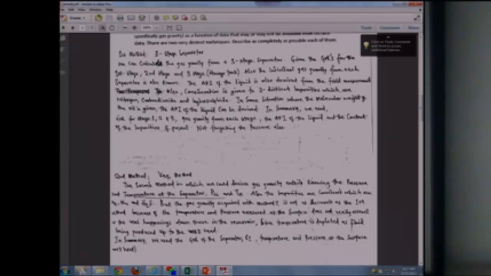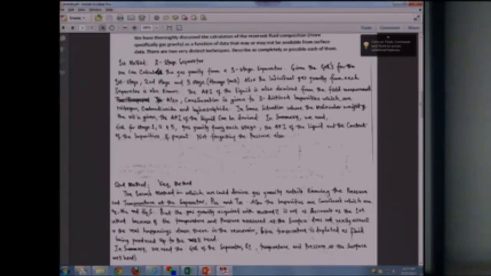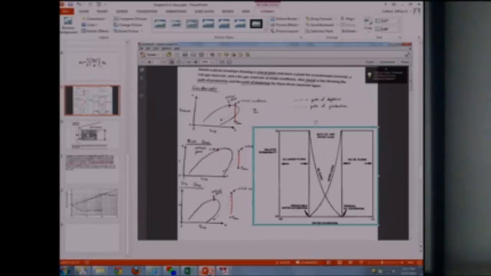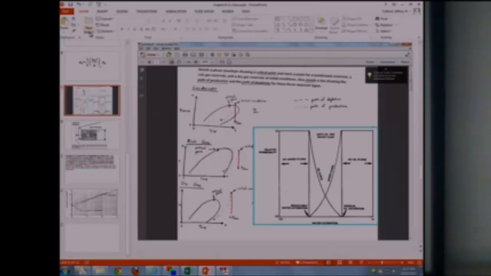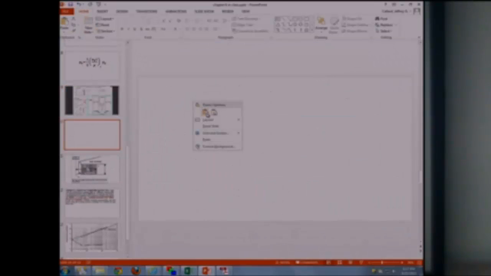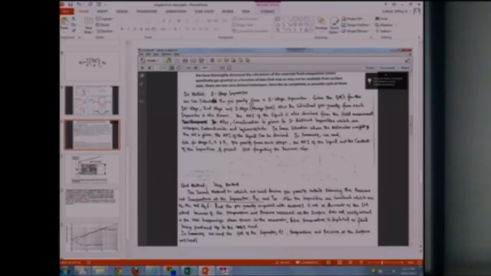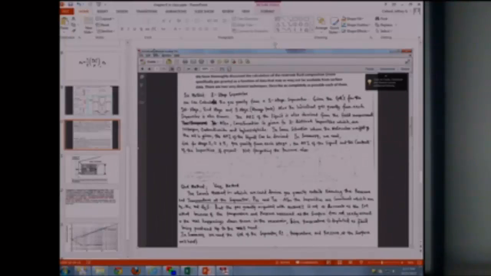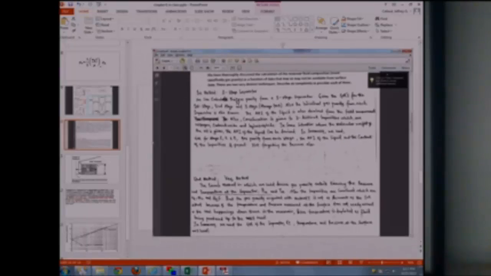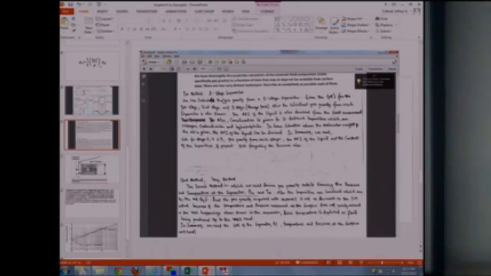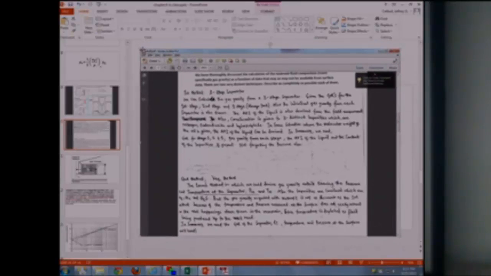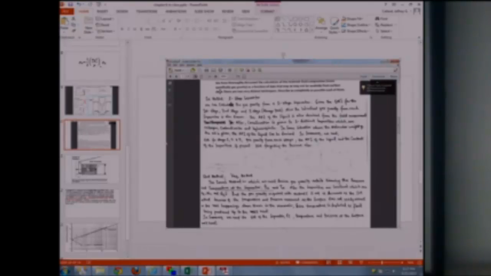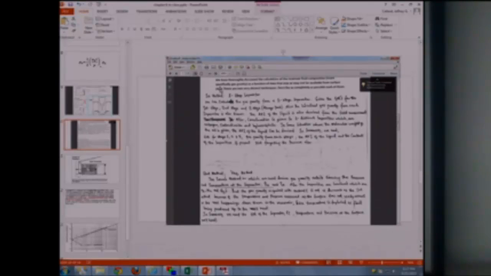Now, let's see, let's take a picture here so I can mark it up. I don't know why it floats on me. Okay.